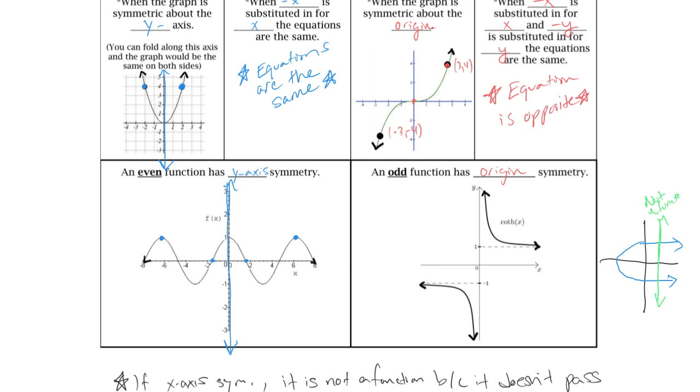Any picture that has x-axis symmetry is never going to pass the vertical line test, because it's going to have the same point above the x-axis as below the x-axis, so there will be two points for each x value. So it won't be a function.